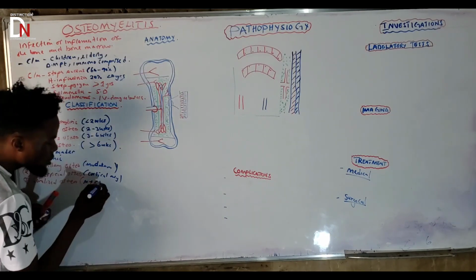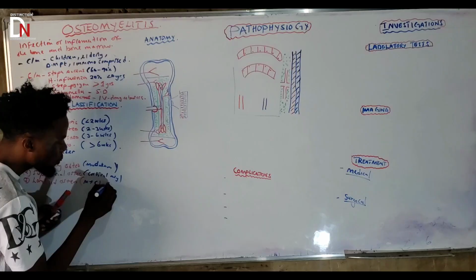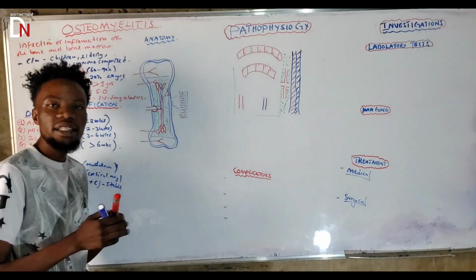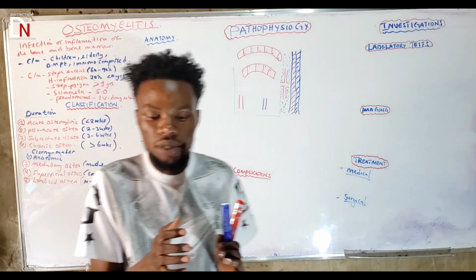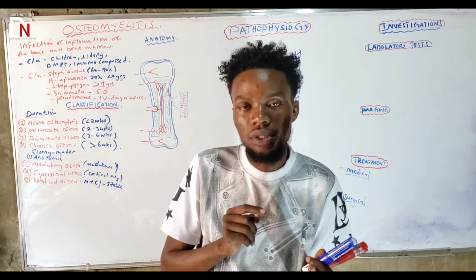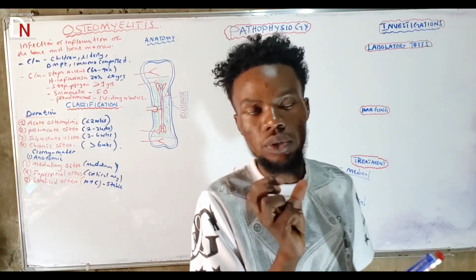But the bone is stable. This is the important concept: the bone is stable after you remove the infected part. Because if the cortical bone is affected and also the medullary canal is affected, there will be necrosis of the bone.